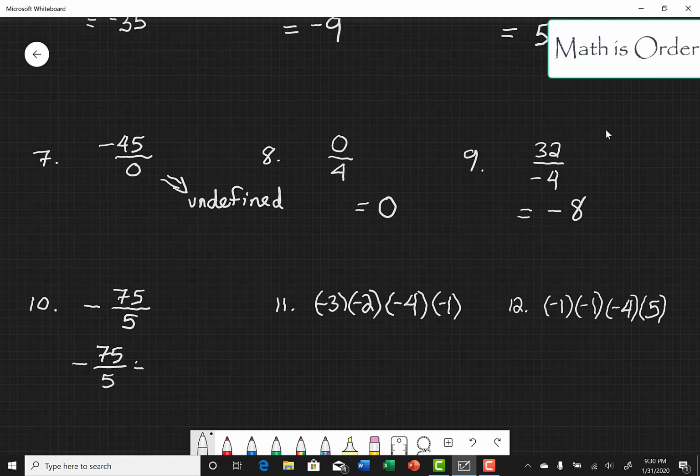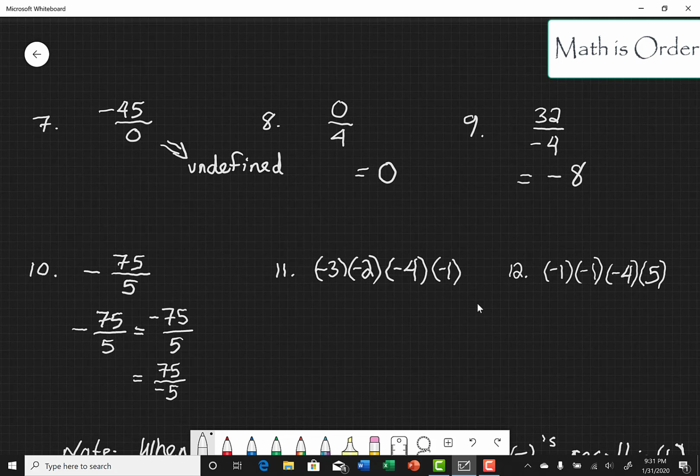But it really does not matter if you put that negative in the numerator or you can put the negative in the denominator. It's all right. In either case, the result here, negative divided by positive, is negative. And this will be negative 15.